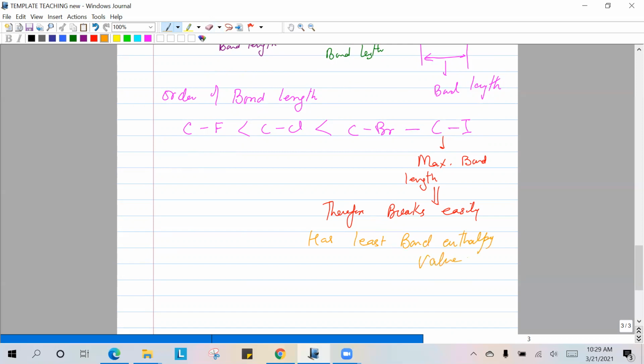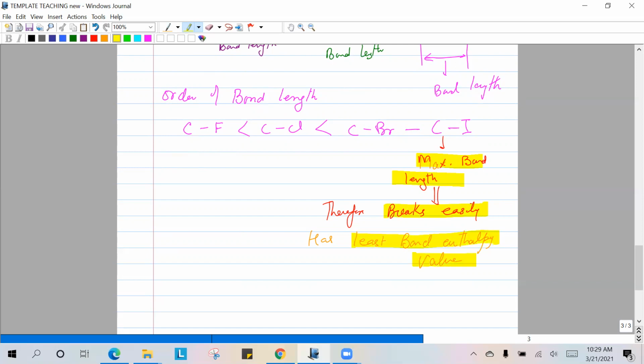You don't need to memorize the exact values. You just need to know that because it has the maximum bond length, it will break easily.